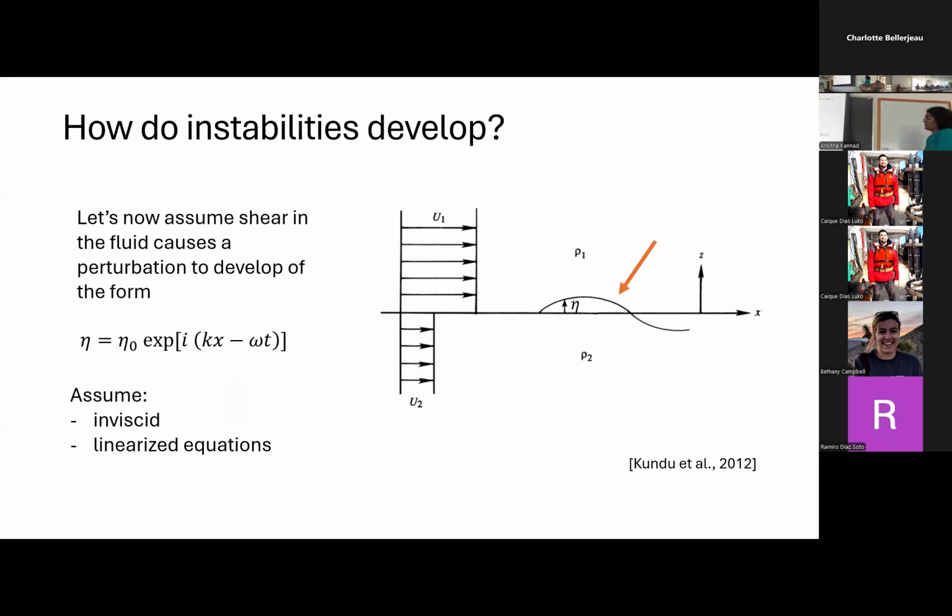And if you assume oscillatory solutions, you get a general form of what that amplitude looks like. And note that when you solve this equation, we're assuming it's inviscid, so there are no viscous processes happening. And you're also linearizing this equation, so there are no nonlinear processes. It is all a linear solution.